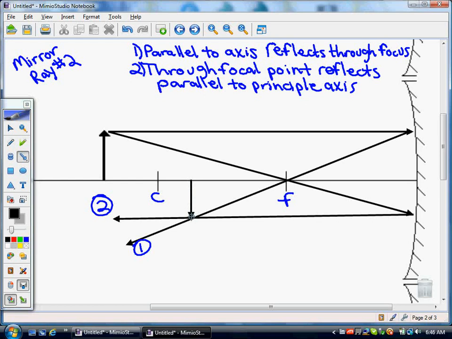Now to check this, there's one more ray we can draw, and the third ray we can draw will be a ray through the center of curvature, which reflects back on itself.